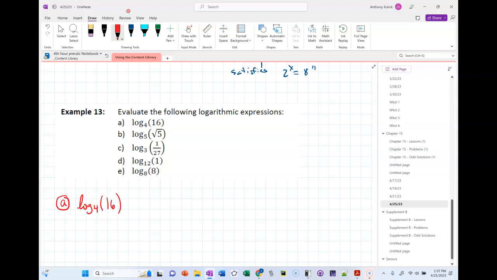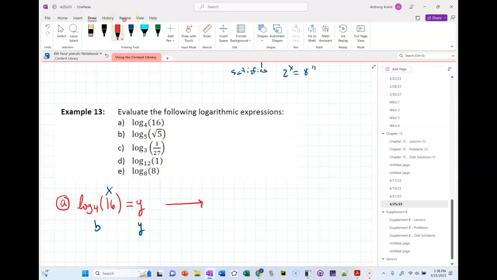So the first thing I'm going to do is say, okay, let's pretend that is equal to y. That gives me a logarithmic equation where this is like my b, my x, and that's a y.